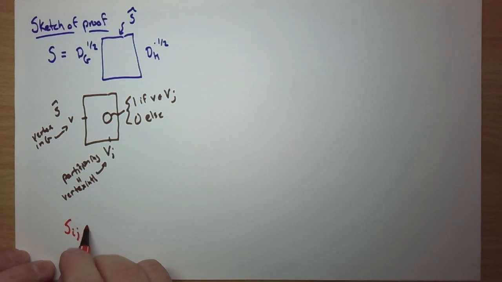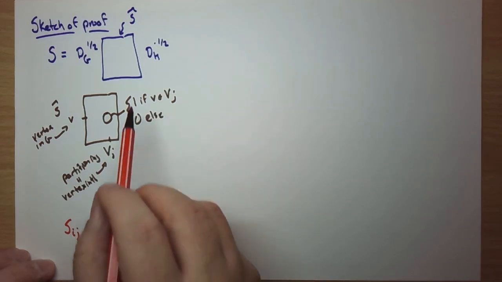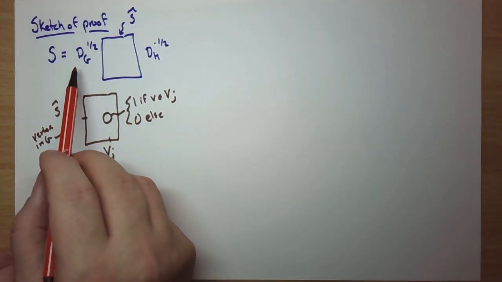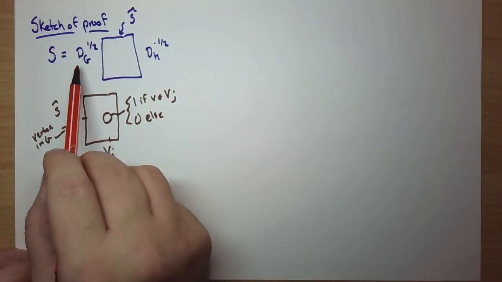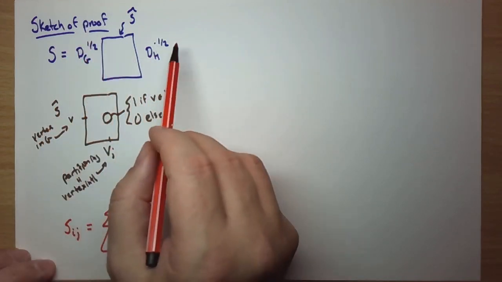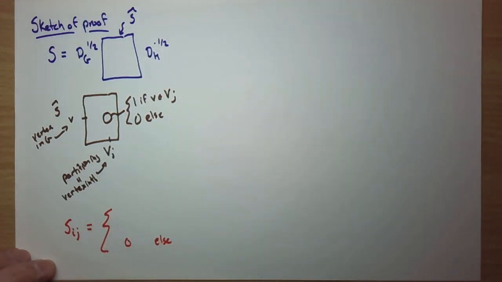And what would that be? Well, it's going to be one of two things. It's going to be 0 else. And then, well, it's going to be this 1, but then you have to scale on the left and the right. Now, from the left, we're going to have a positive exponent, the square root of the degree. And on the right, the negative exponent means it's going downstairs.